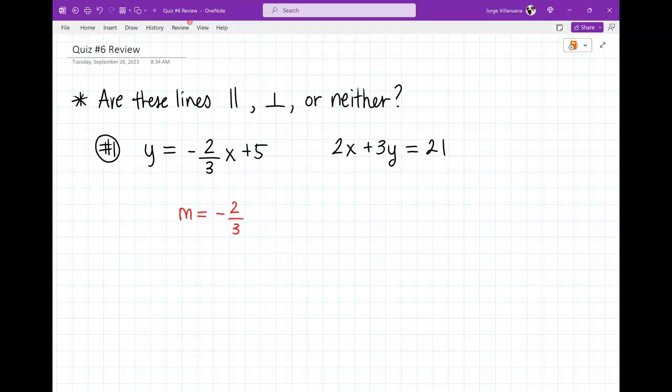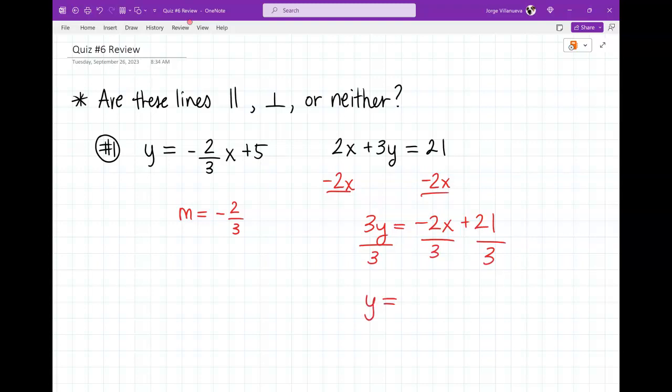Okay, so let's move the 2x over here. Subtract 2x on both sides. That's going to give me 3y equals negative 2x plus 21. Okay, and then I have to get rid of the 3, right? So I'm going to divide everything by 3.